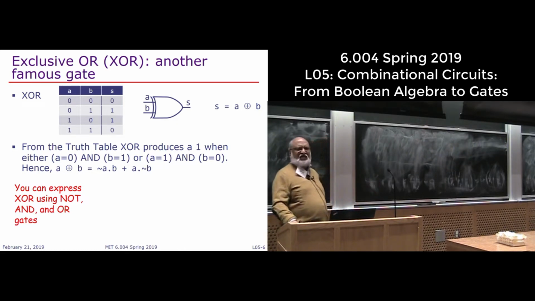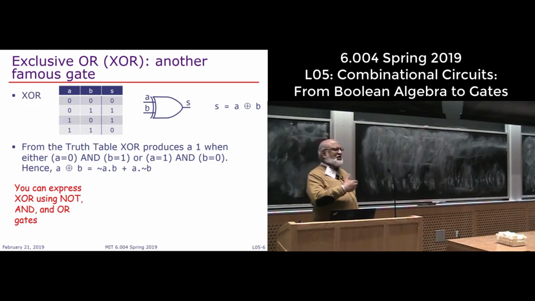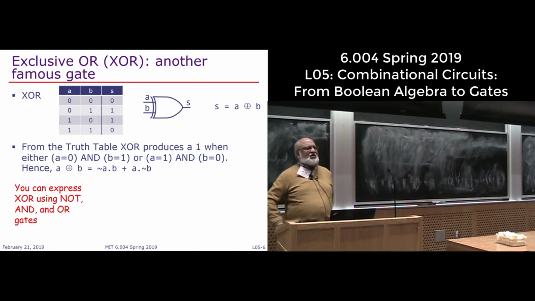So you're doing several things simultaneously. I'm giving you the definition, but it's also telling you that this gate is expressible in terms of other AND, OR and NOT gates.